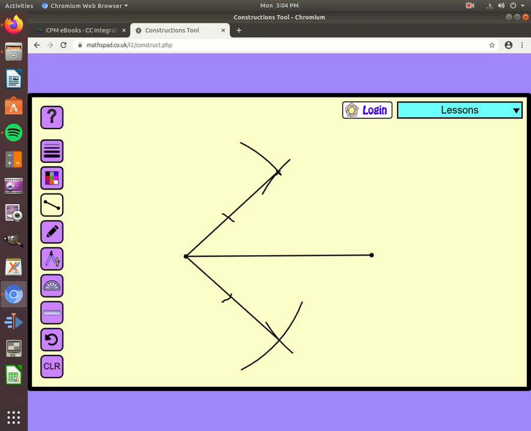So this line segment from here to here is the same as this line segment from here to here. They all have the same length. So I have already created congruent triangles because of side, side, side. I hope you would agree that these are congruent triangles because of side, side, side.